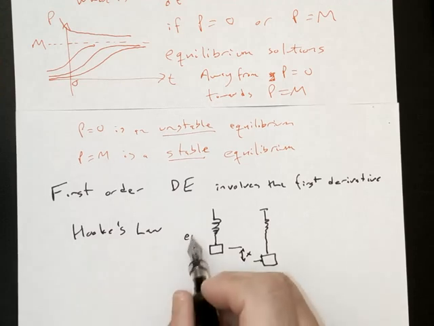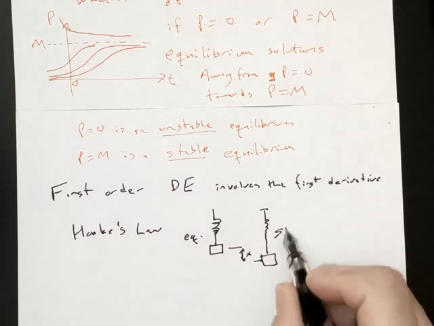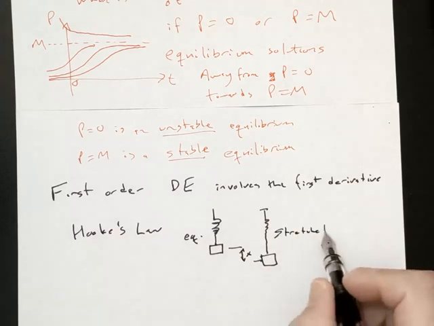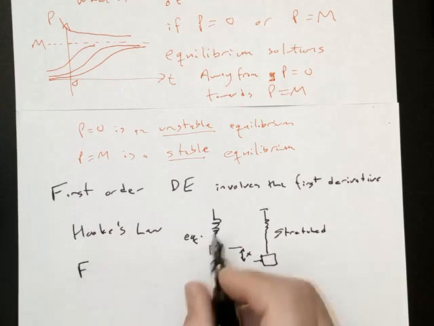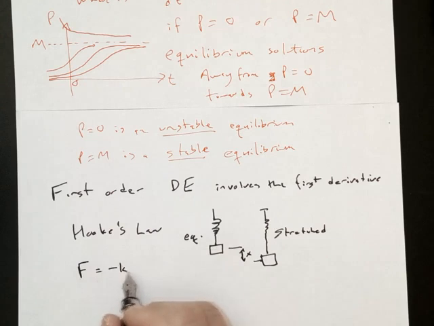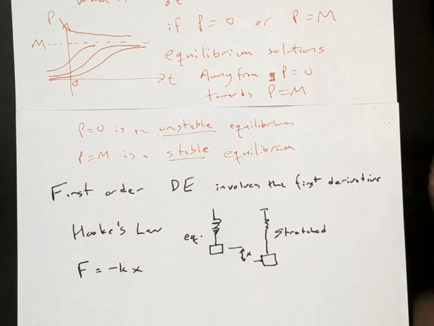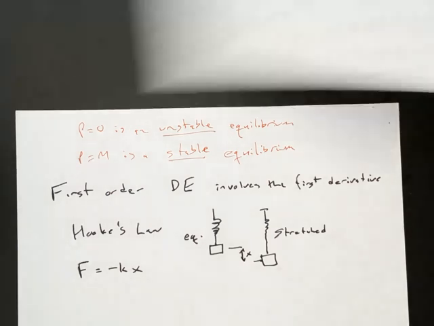From equilibrium to stretched, we have a displacement, x. Hooke discovered that the force exerted by the spring is directly proportional to how much you stretch it. And it's in the opposite direction. When you stretch the spring, it wants to pull back in. When you squeeze the spring, it wants to push back out. That's what the minus sign here indicates.